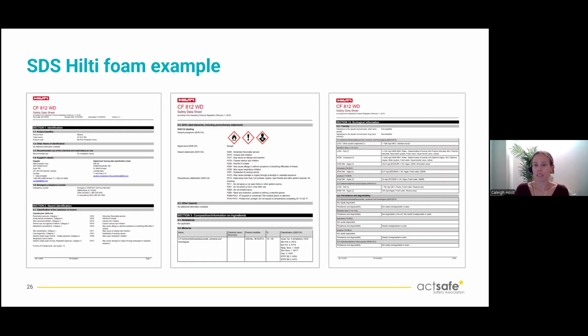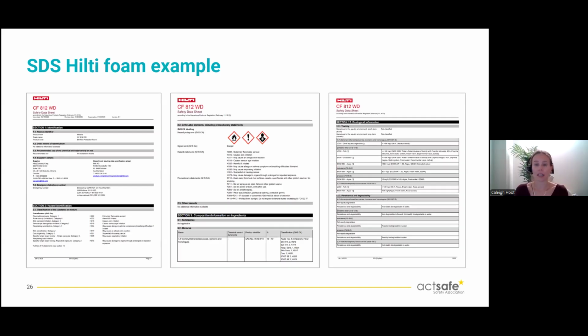So even with the standardized format, some of the information can be hard to interpret. Health hazards are often written in general terms, and the handling and safety instructions may not be tailored to your specific workplace. That's why it's important to know who can help you understand it.